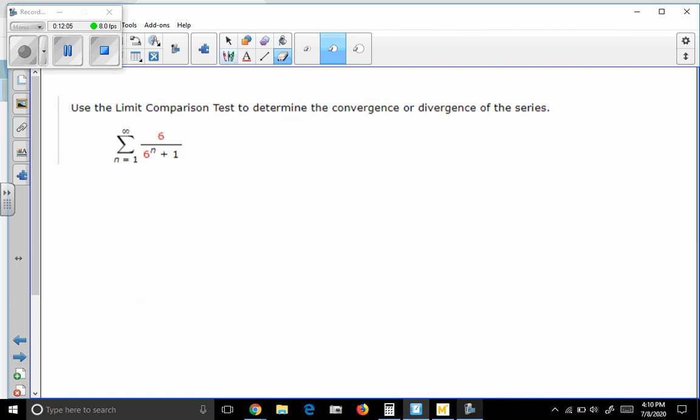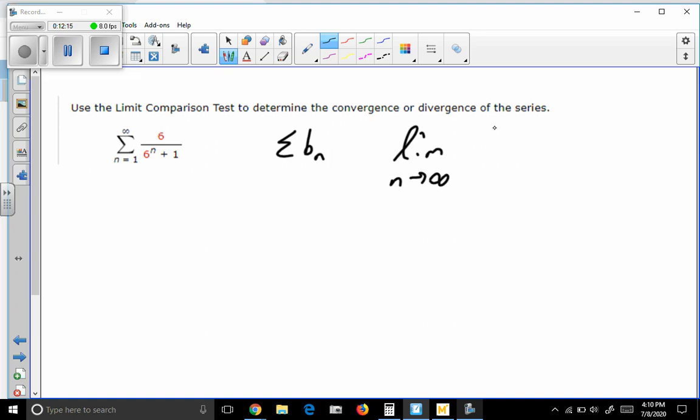Now for the limit comparison test, we're making a comparison. So we're going to have another series. And then we're going to take the limit as n goes to infinity of a sub n over b sub n, and we want that limit to exist. Now, if the limit doesn't exist, then we can't use this particular test.